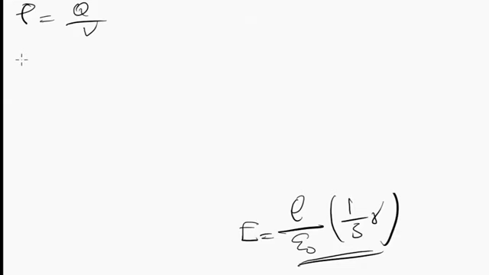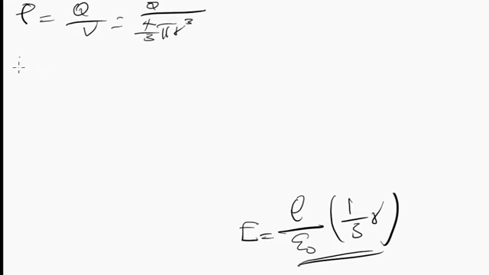Since rho is Q over V and this is rho here, and the volume, as you can remember, is 4 over 3 pi r cubed, this is Q over 4 over 3 pi r cubed, right?